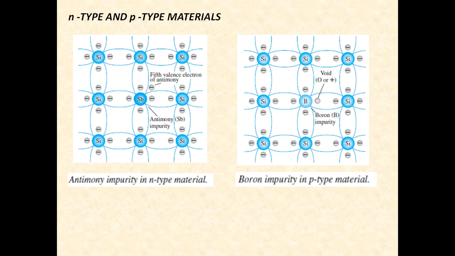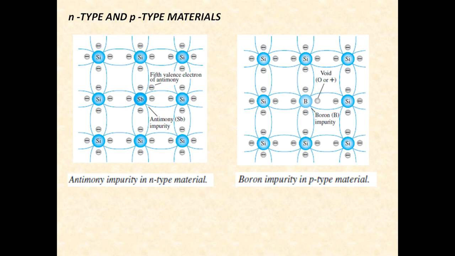Now the next question that comes to our mind is: is there any drawback with respect to an intrinsic semiconductor? Because we have already heard about another term called extrinsic. Yes, intrinsic semiconductors, although they are in their purest form, are not so good conductors because the number of free carriers available in an intrinsic semiconductor is not that large.